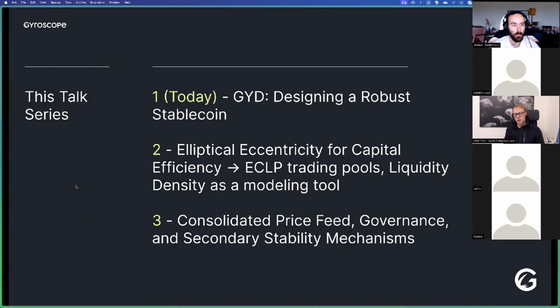I also want to give you some modeling tools that we use to design and calibrate them, and these can actually be applied to many different AMMs, not just ECLPs. And then potentially a third talk could be about an oracle system that we have designed, which we call the consolidated price feed, governance mechanisms, other stability mechanisms, and everything else that makes the system work.